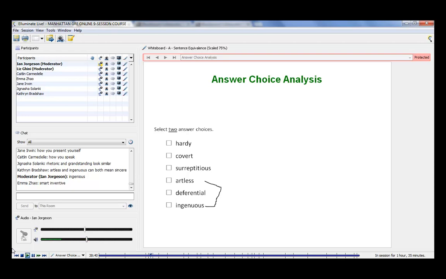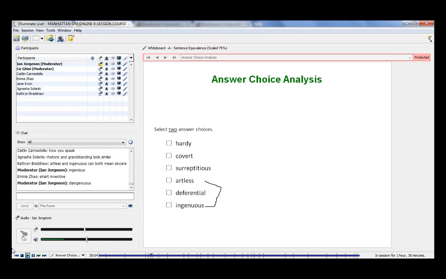Ingenuous has to do with how sincere you are, or naive you are, or how much you believe in others, right? And we usually don't see ingenuous, but the word we do see is disingenuous. Someone that is disingenuous is someone who will try to trick you or to lie to you, or will be insincere.